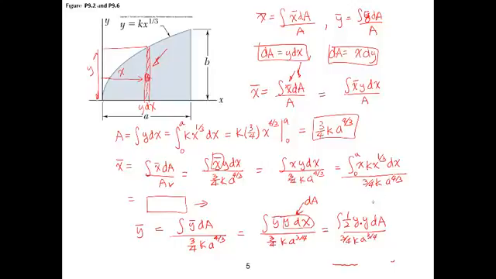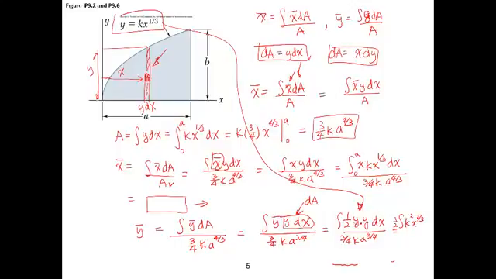So I have my integration now with y squared. But we know what y is, so I'm going to substitute the y equation in here. I'm sorry, it's not dy, it's dx, right? Therefore, I can set it up as, I'm going to pull the 1/2 out, k squared x to the 2/3.